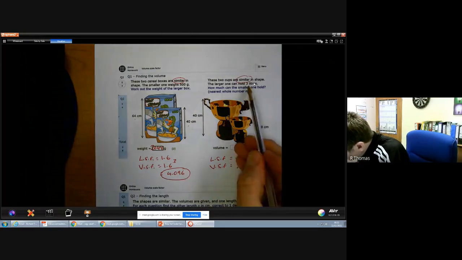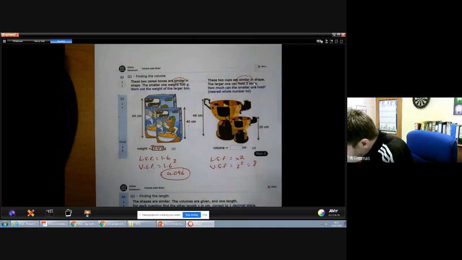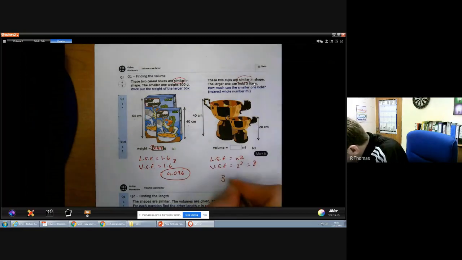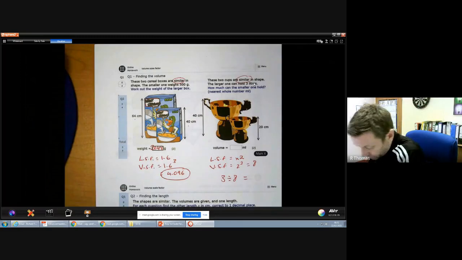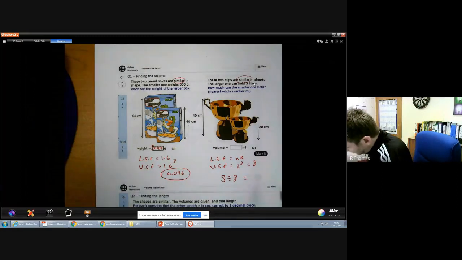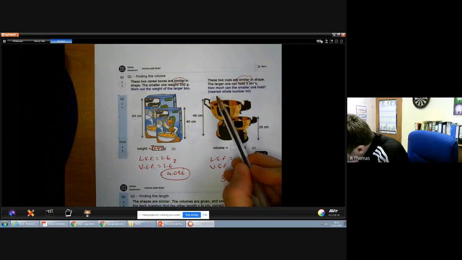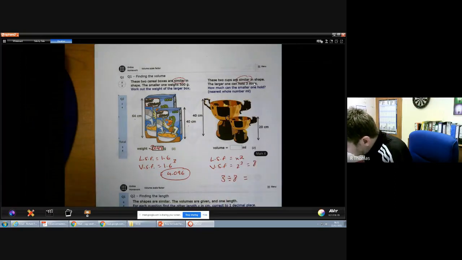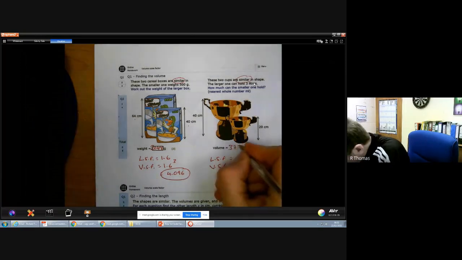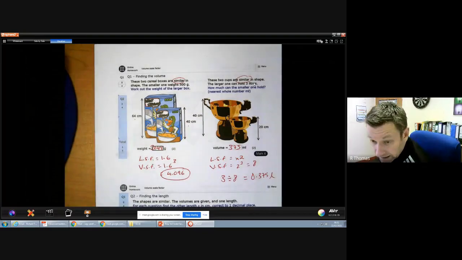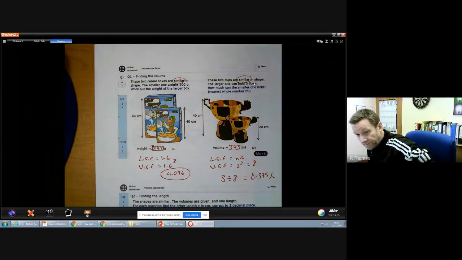So if the larger one holds 3 liters, the smaller one will hold 3 divided by 8, which is 0.375, and they want it to the nearest whole number of milliliters, right? So that's 0.375 liters, which is 375 milliliters, because of course there's 1,000 milliliters in a liter.